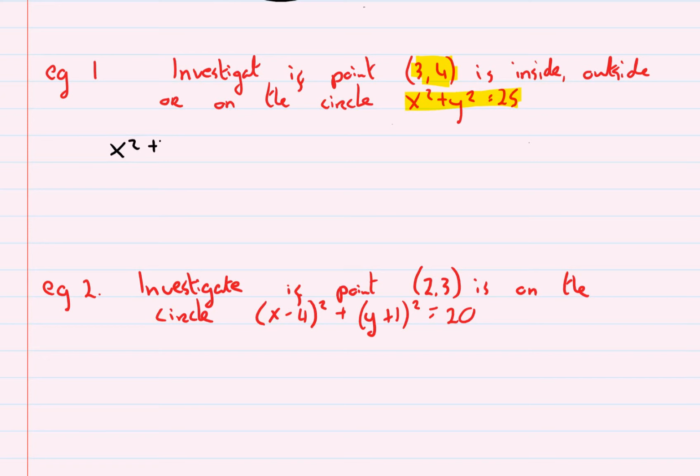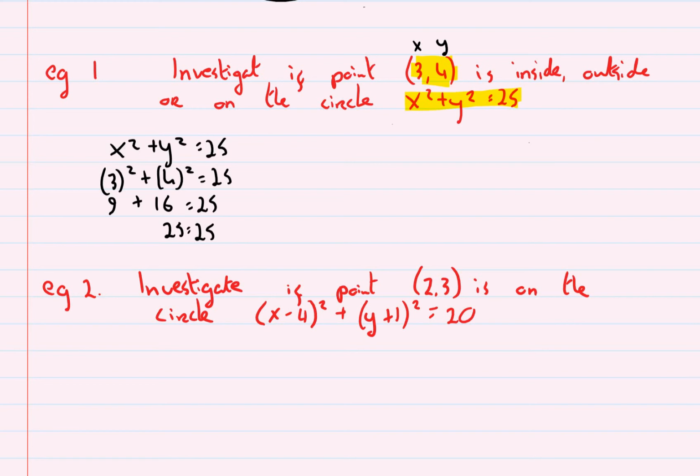We have our equation, and we take our x value and our y value and we slot in for x and y, so it's 3 squared plus 4 squared equals 25. 3 squared is 9, 4 squared is 16, equals 25. 25 equals 25. So after working it out, we see that the equation equals the radius, therefore on the circle.